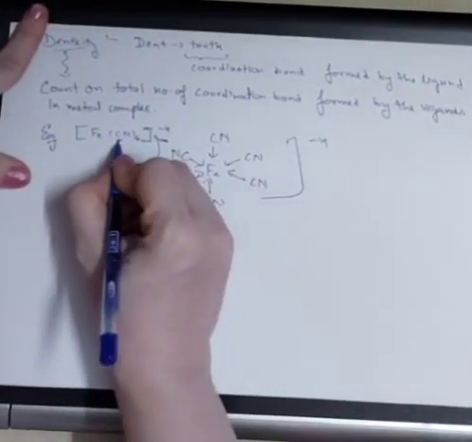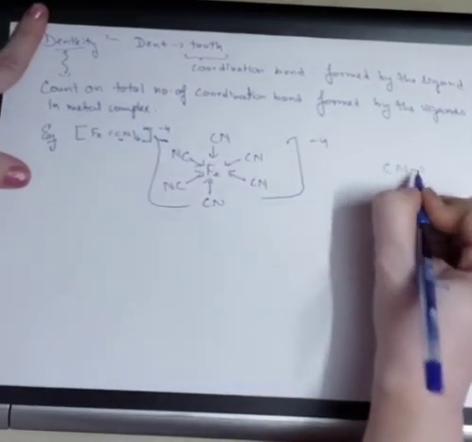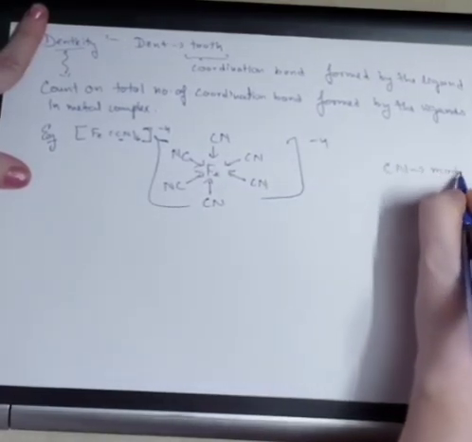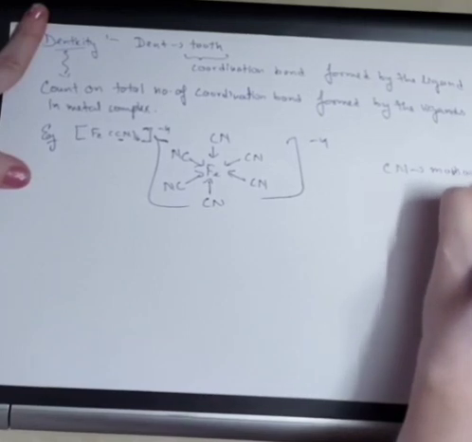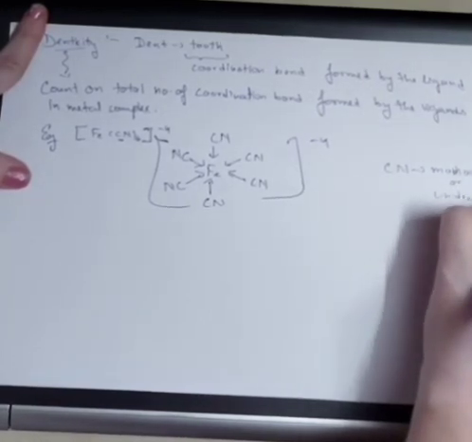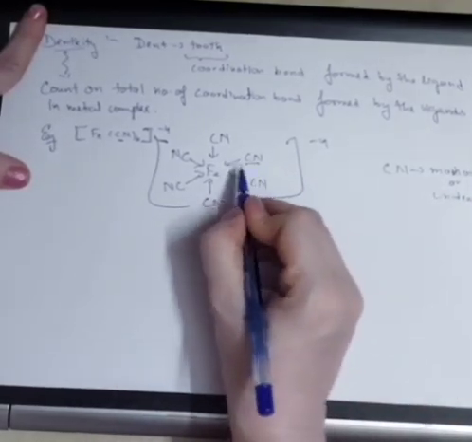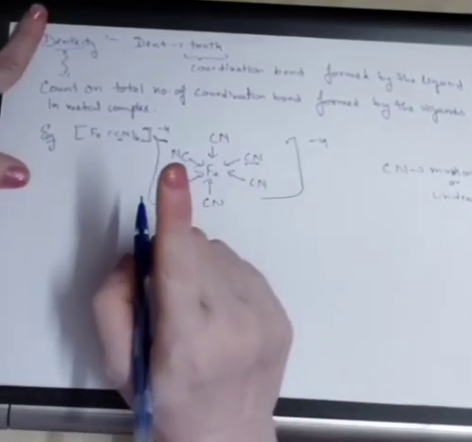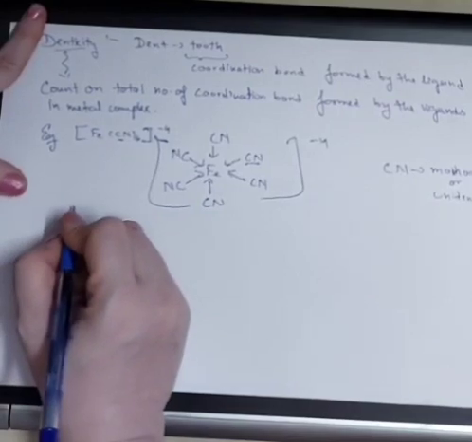So we can say that this CN is monodentate or unidentate because it is forming only one coordination bond with the metal.